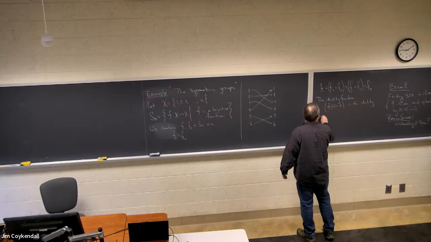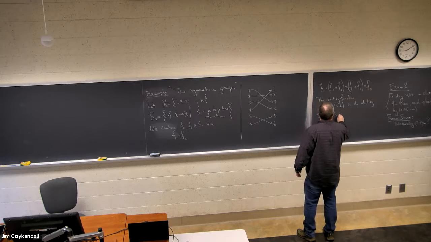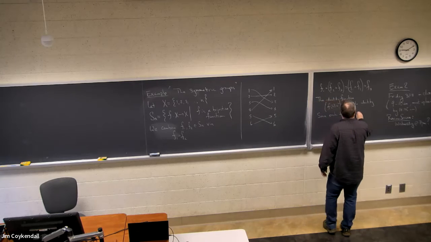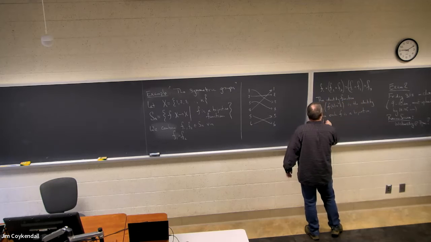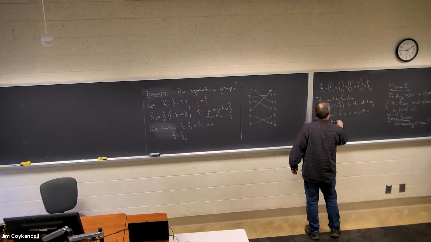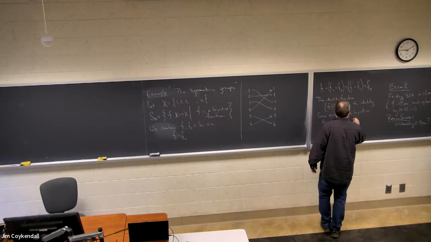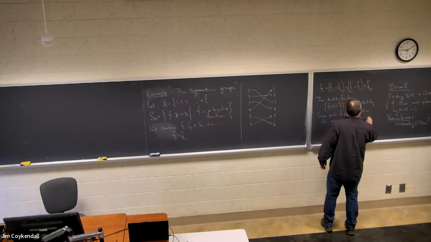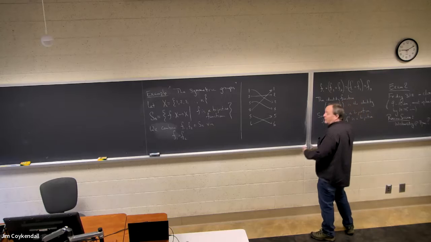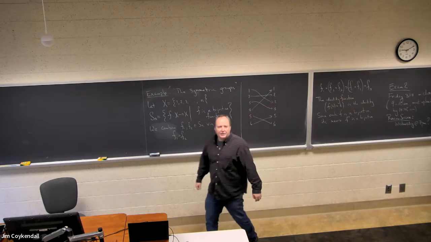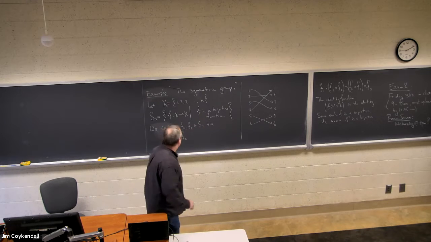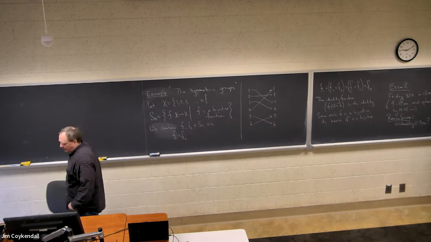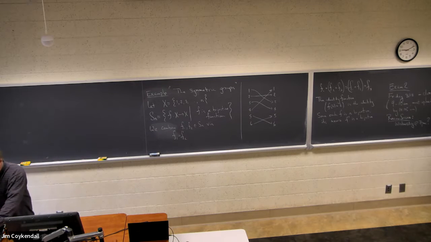And since each f is a bijection, its inverse, f inverse, is a bijection, is a function and a bijection. And so this is actually a group. Everybody okay with it? And like I said, it's an important group because every finite group is in some appropriate S_n.